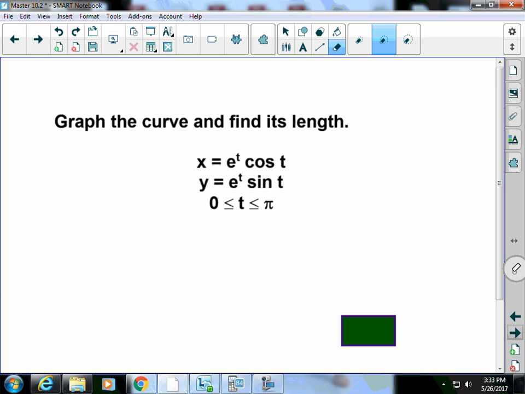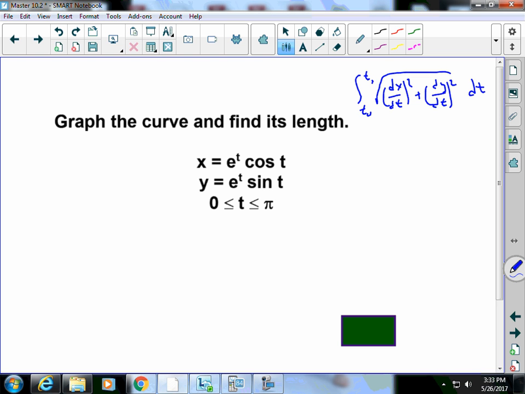If I want to find the length, that means I have the integral from t sub 0 to t sub 1 of the square root of (dx/dt) squared plus (dy/dt) squared, dt. So dx/dt, that is a big mess, isn't it?